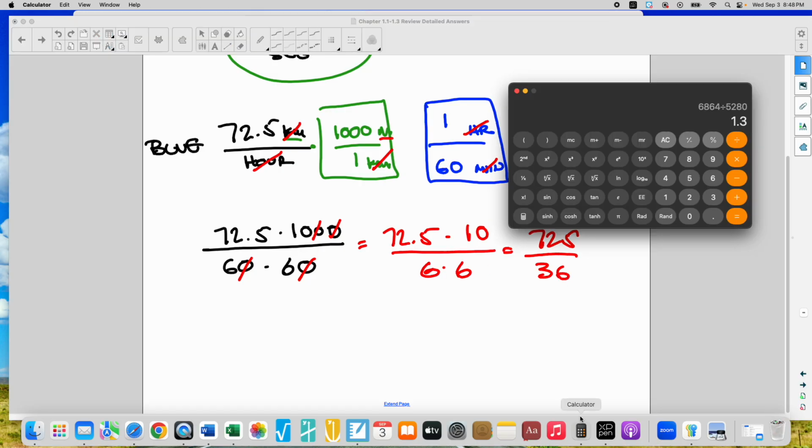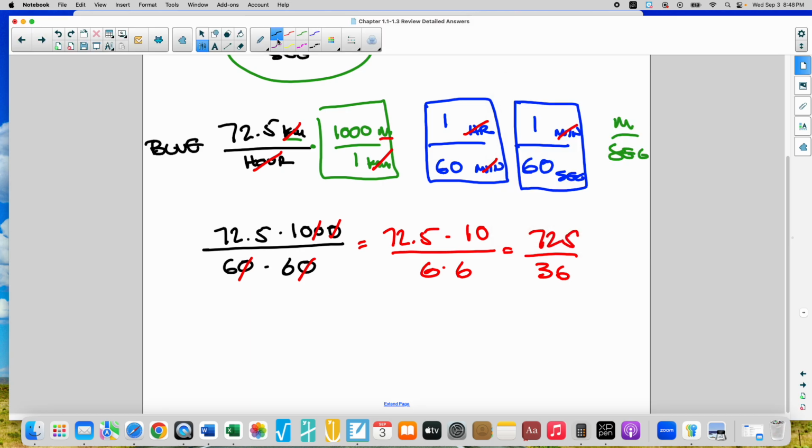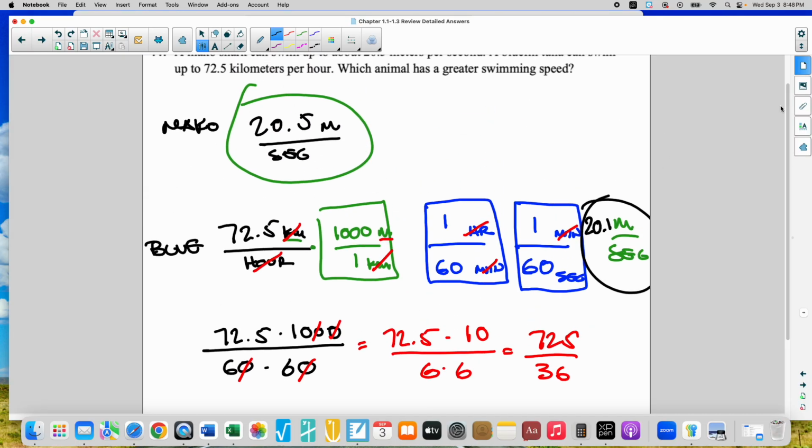And let's use our efficiency calculator. 725 divided by 36. Oh, almost made a mistake. 36 equals 20.138 repeating. So let's say 20.1. So this is 20.1 meters per second. That is the bluefin.